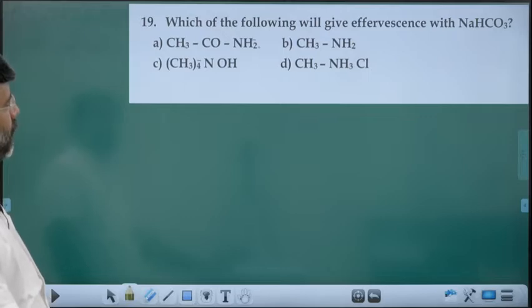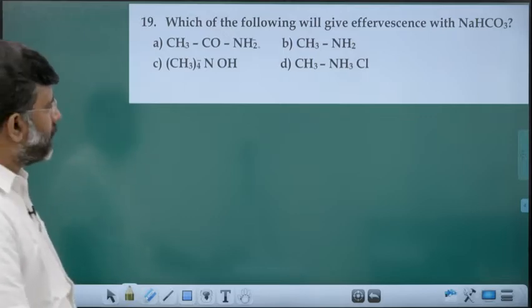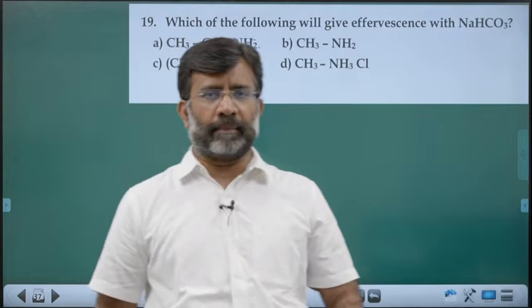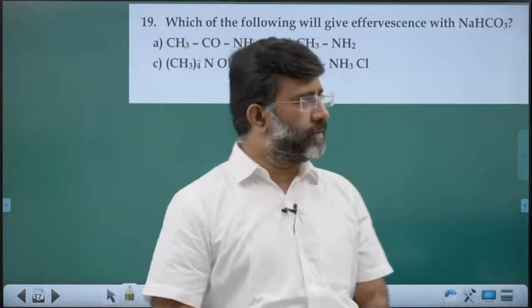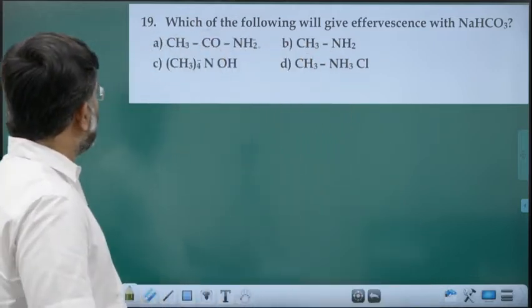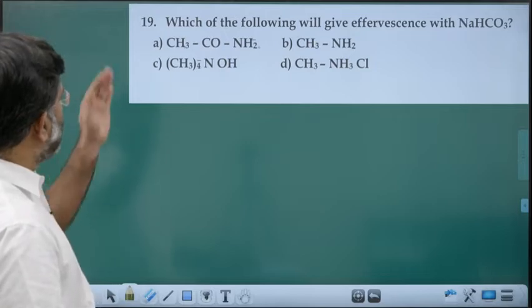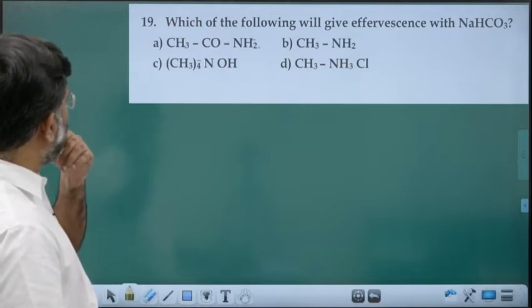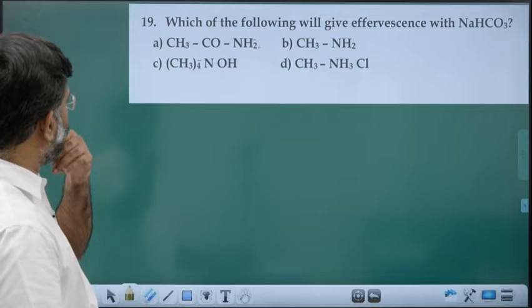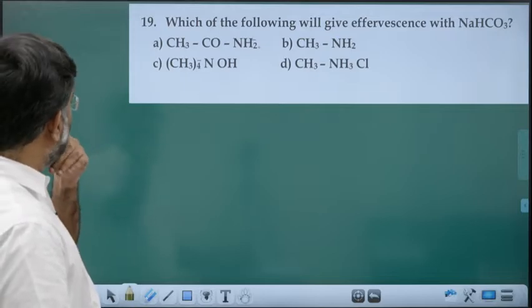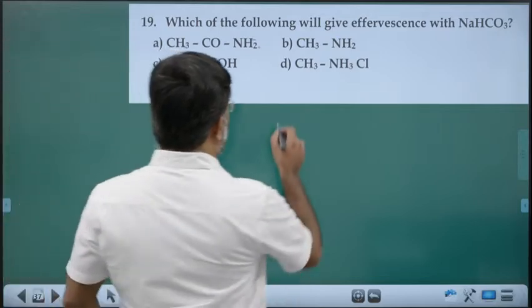Which will give effervescence with NaHCO3? See, effervescence with NaHCO3 happens with an acidic solution. Which is the acidic solution? First one is amide, which is amphoteric. Second one is base. Third one is base. Fourth one, this is the answer.